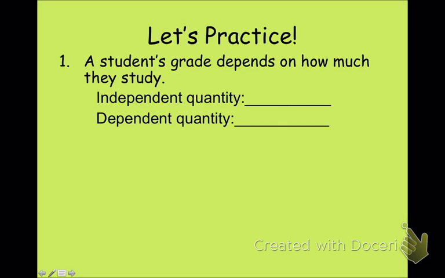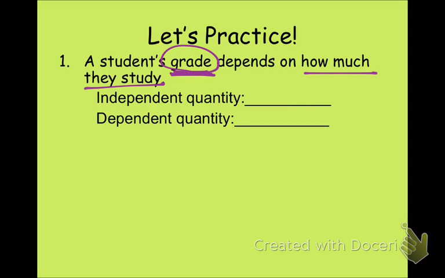All right, let's go ahead and practice some of these. The first one was a student's grade depends on how much they study. So we have two things going on here, an independent and dependent quantity. We're going to decide which one's independent and which one is dependent. We have the grade they get and how much they study.